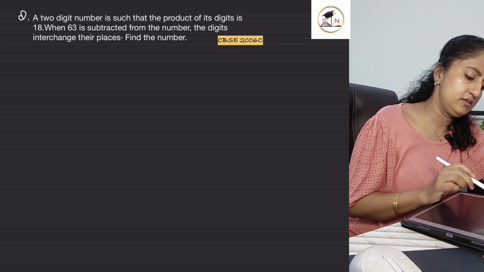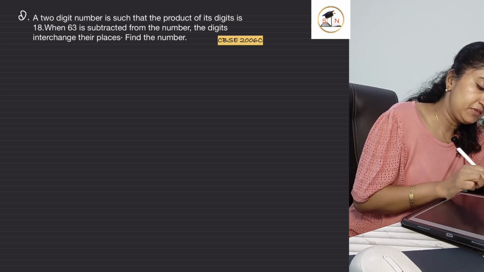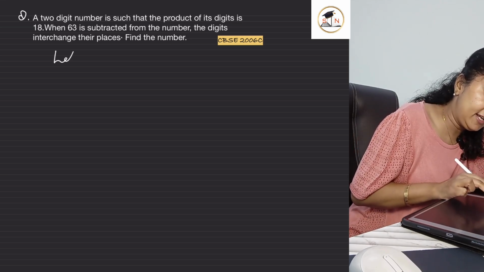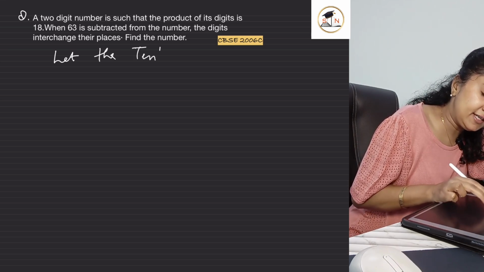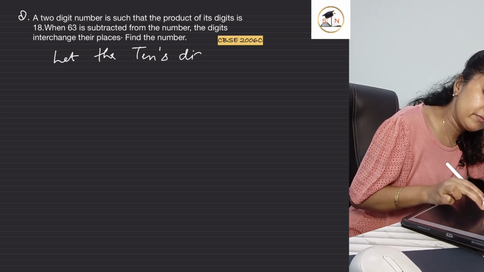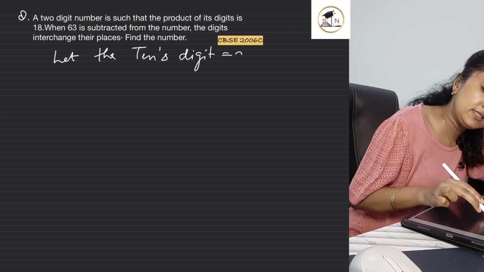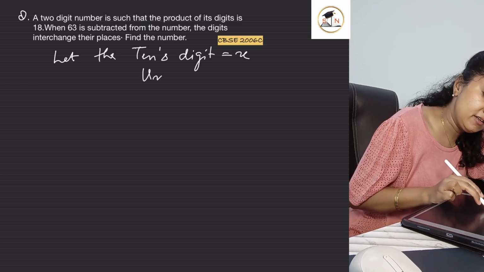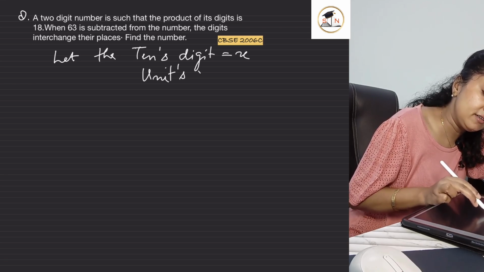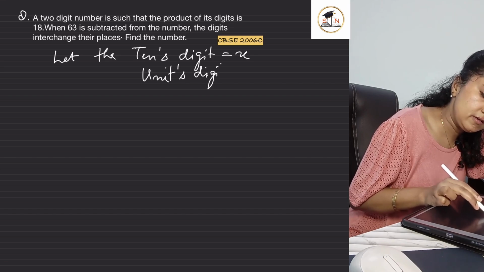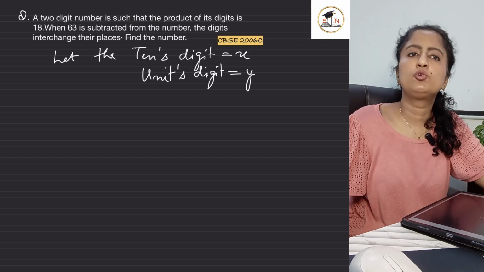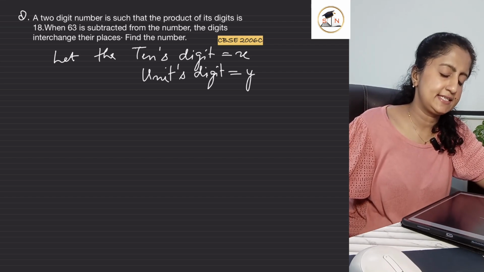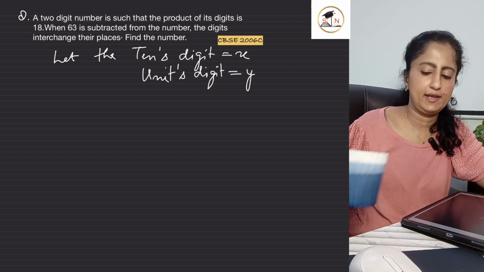So over here, we are talking about a two-digit number. Now, how do I start? Let the tens digit equal x and the units digit equal y, right? I have taken two variables over here. Tens digit is x, units digit is y, right?